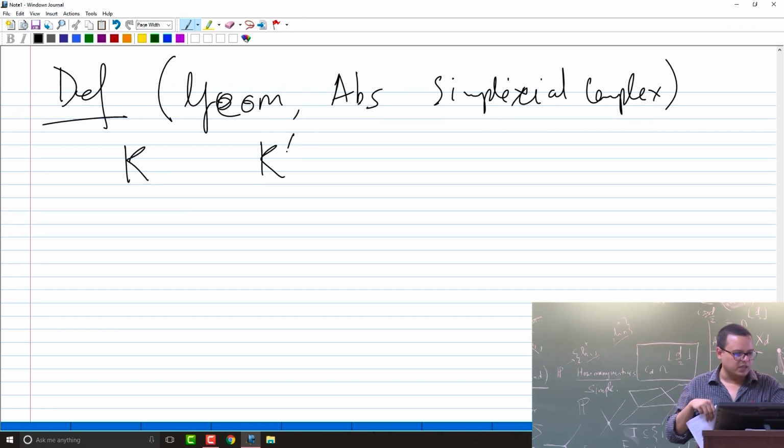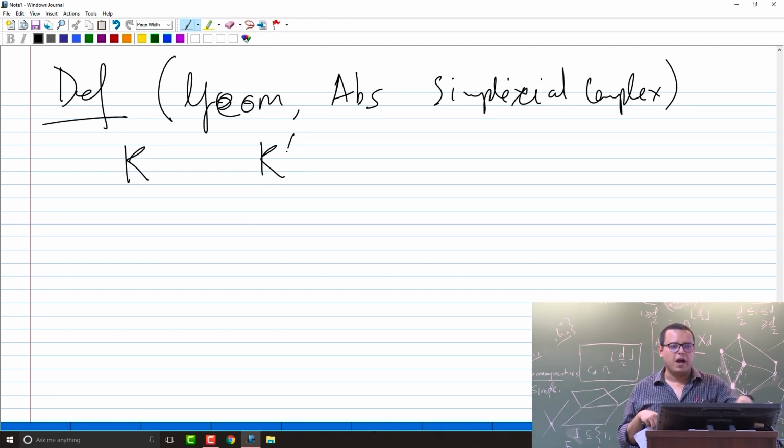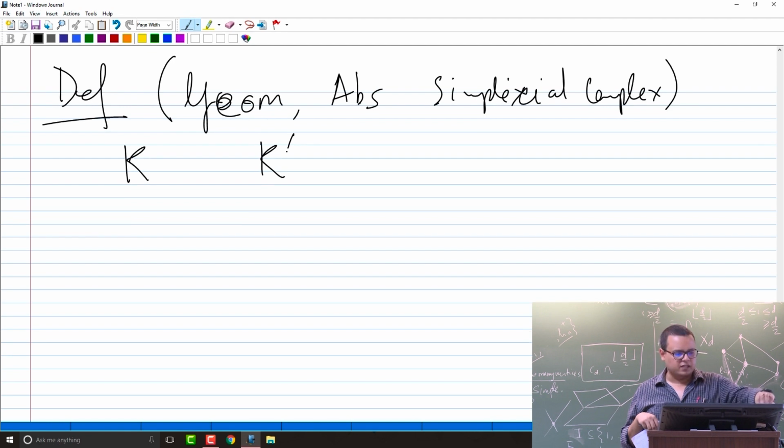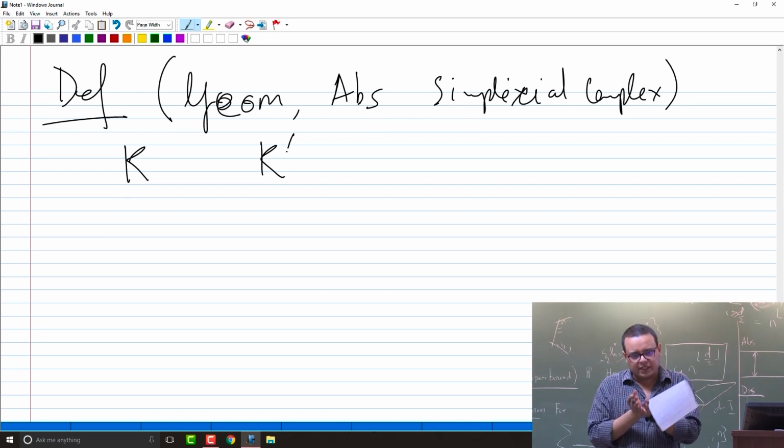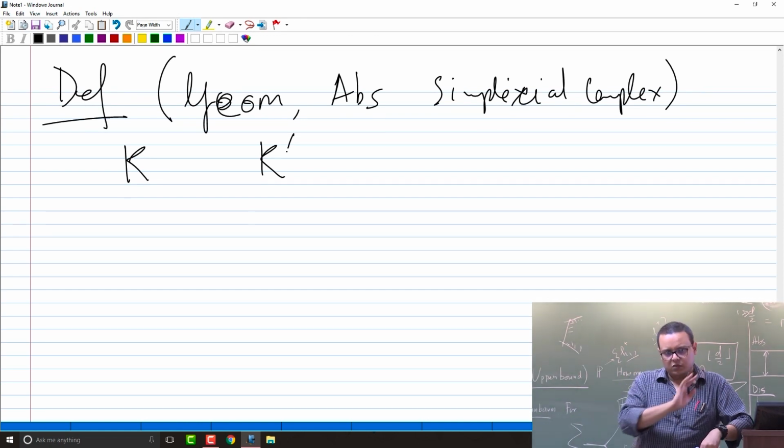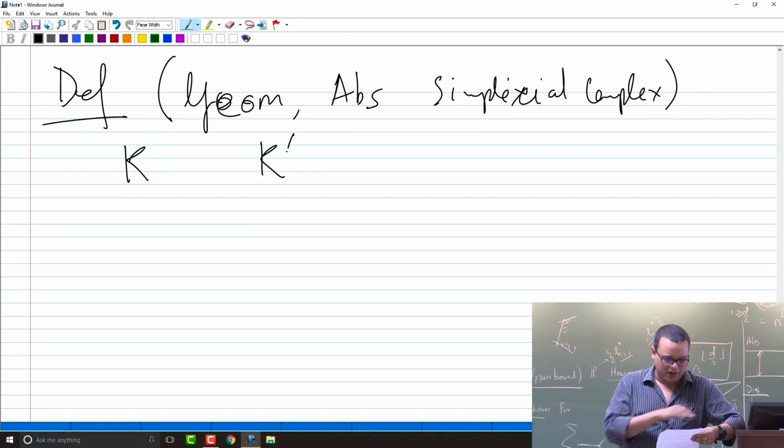I will say that they are isomorphic if there is a one-to-one map from K to K prime, taking simplices to simplices of the same dimension, and they intersect nicely under the map. I don't want to define it formally. I won't be using it that much.